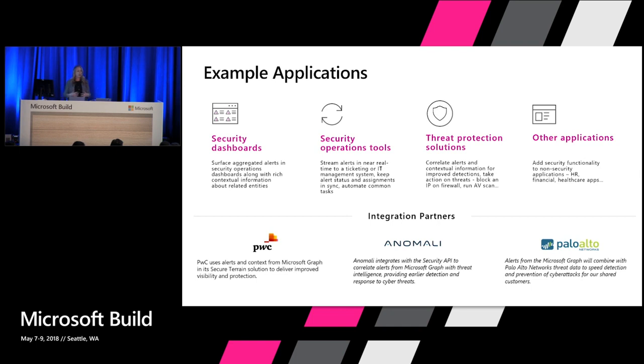So they can pull in that aggregated list of alerts into their dashboards. They can enrich that with the additional contextual information, both security data that's available via the Security API and other organizational context which is available through the other Microsoft Graph entities. And they can use that information to inform their approach to triaging those alerts or responding to them.